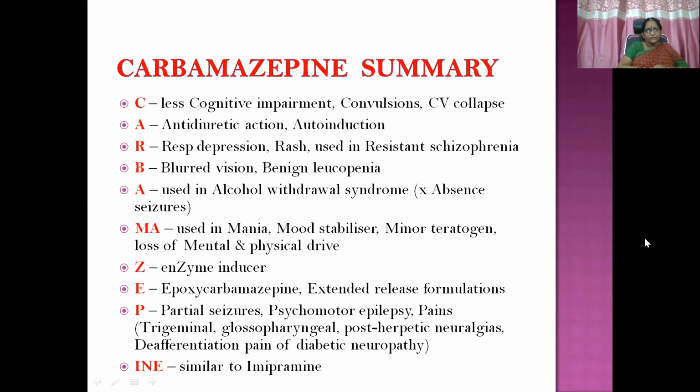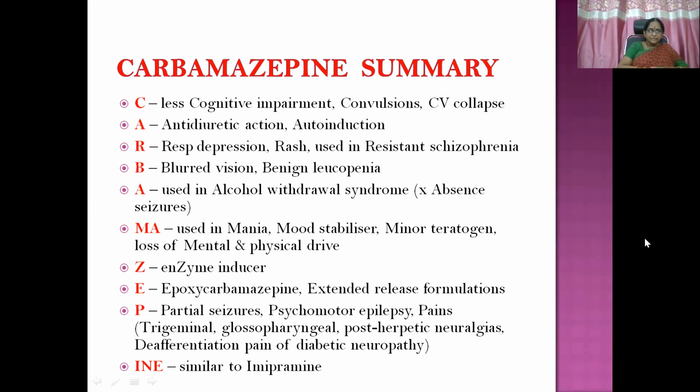A for alcohol withdrawal syndrome usage, but not used in absence seizure, another E. And M, A used in mania, mood stabilizer, minor teratogen, and loss of mental and physical drive. Z for enzyme inducer. E for epoxy carbamazepine, the metabolite that we get through metabolism.